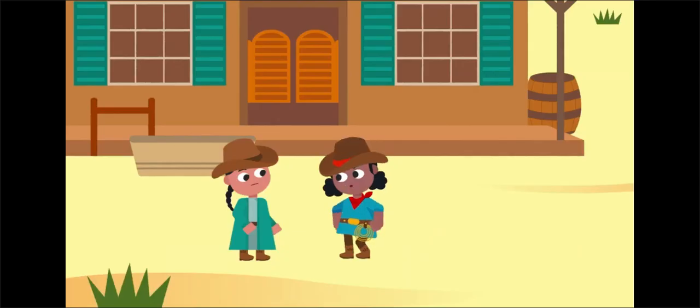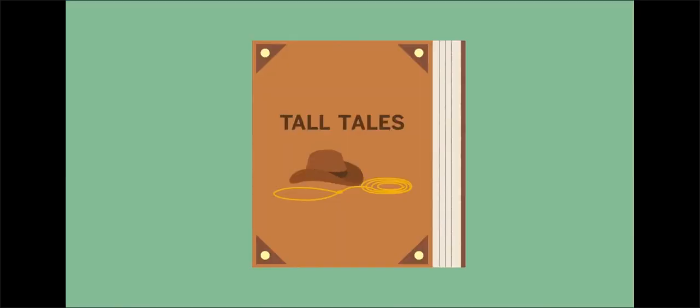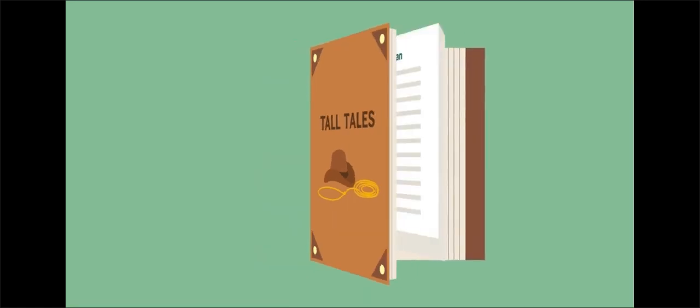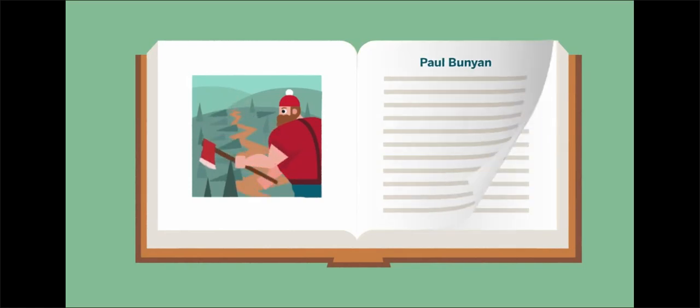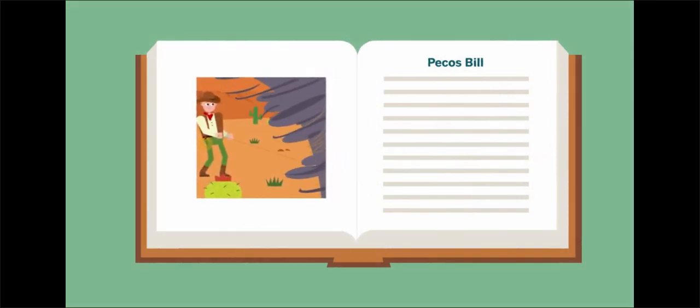No! I know who Paul Bunyan is, but I thought he was just a tall tale. Oh, what? A tall tale. A tall tale is a kind of folk tale. They're stories from the American frontier. That's where we are. Yeah, but they also have amazing, larger-than-life characters, and they're told using exaggerations.